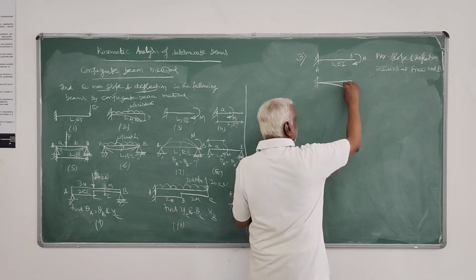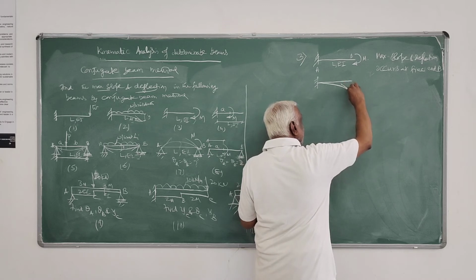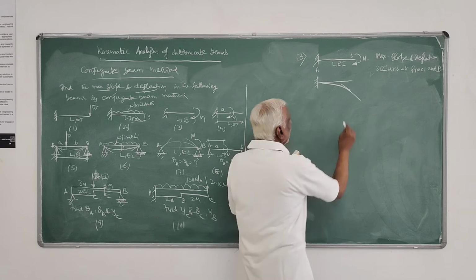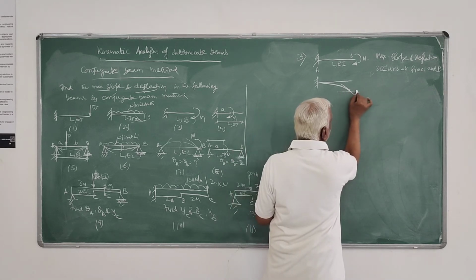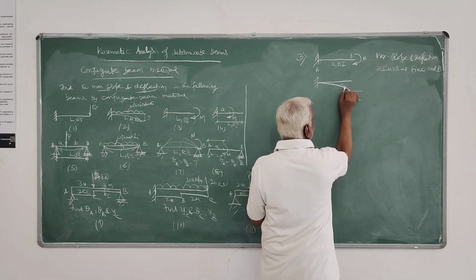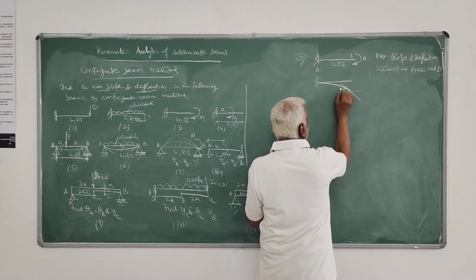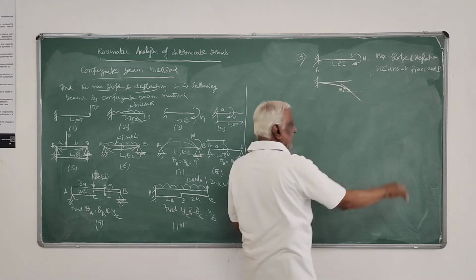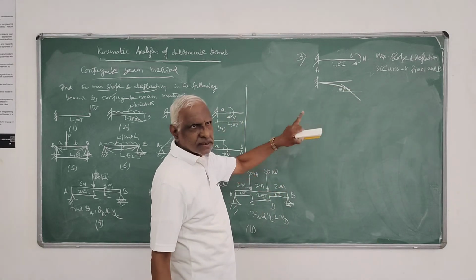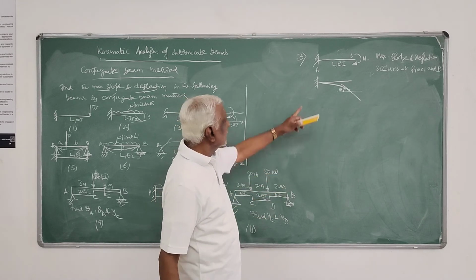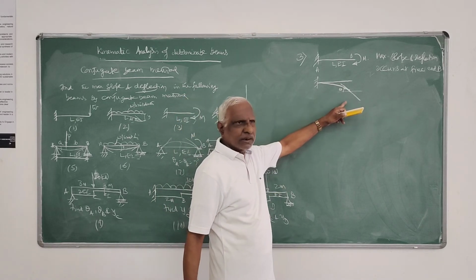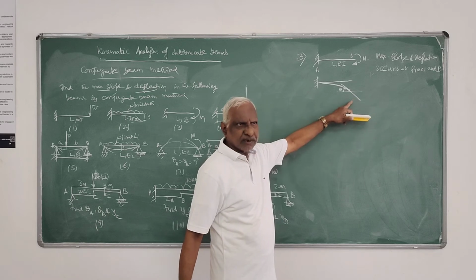Then as per our definition, I have to find the slope at this free end. I have to draw a tangent at the free end. I will take the original horizontal direction, and whatever angle that tangent to the elastic curve makes, that is how I define it. This is the elastic curve, the deflected shape. This is the tangent at that free end.